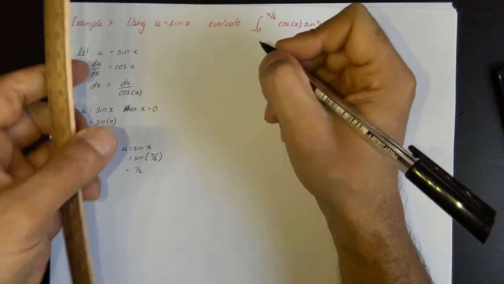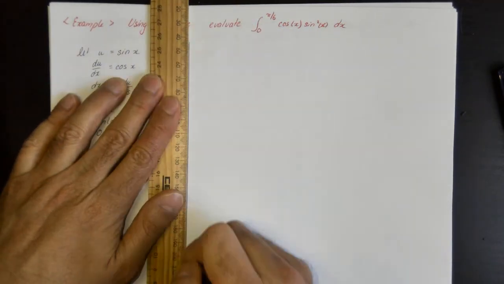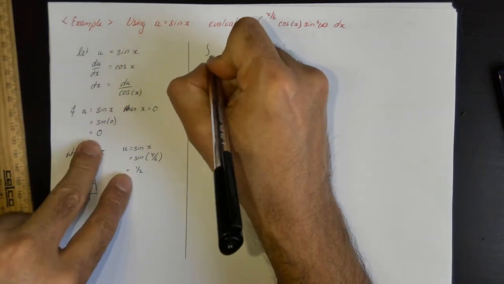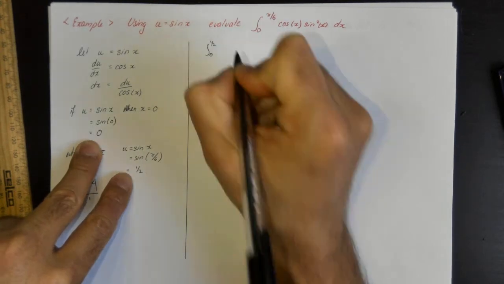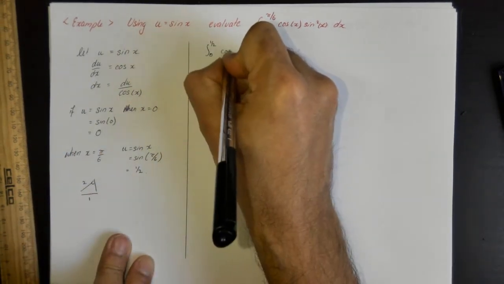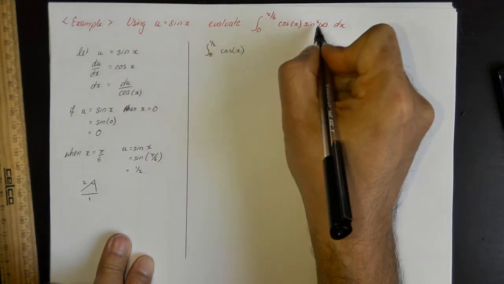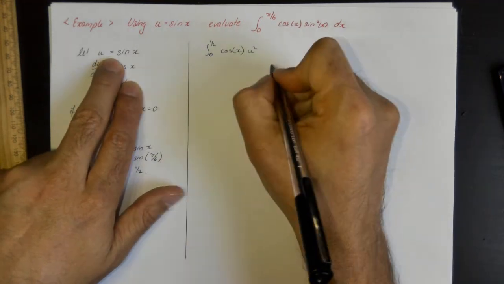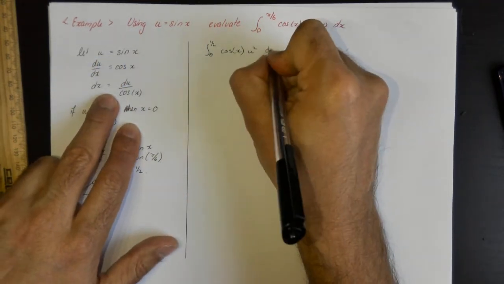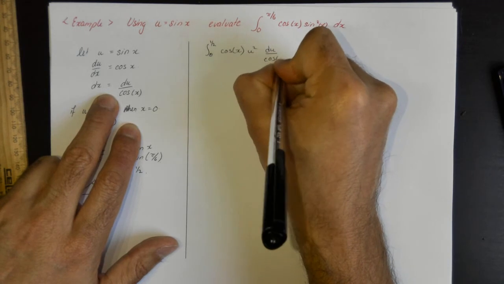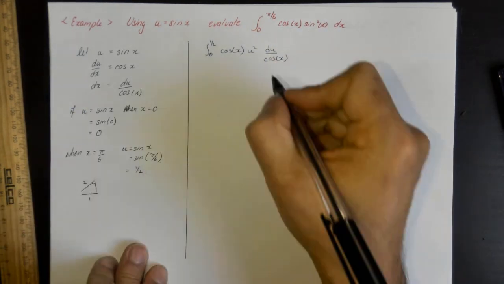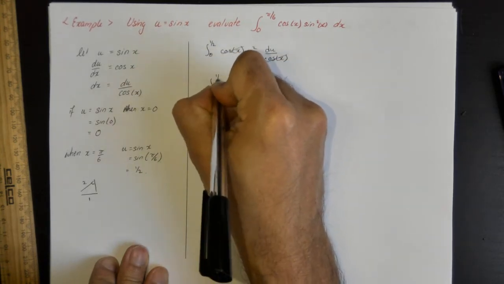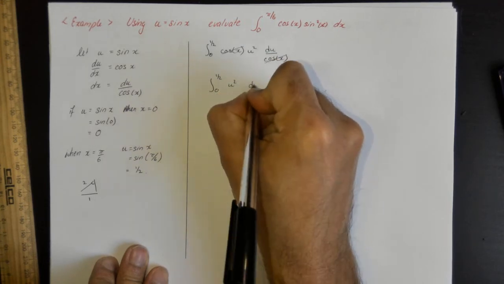So what we're really doing is we've got the integral from 0 to a half of cos x times sine squared x, which is u squared, and dx is du on cos x. Well, this cancels that, leaving me the integral from 0 to a half of u squared du.